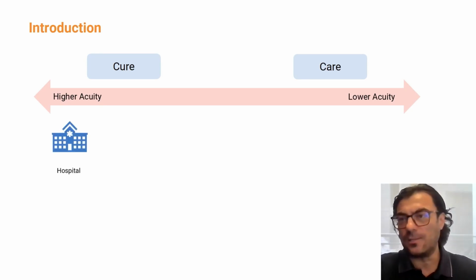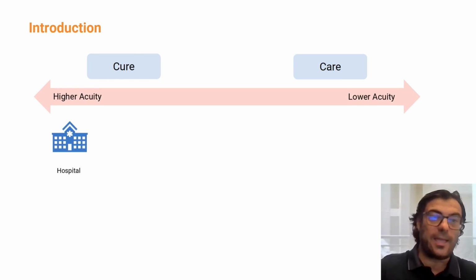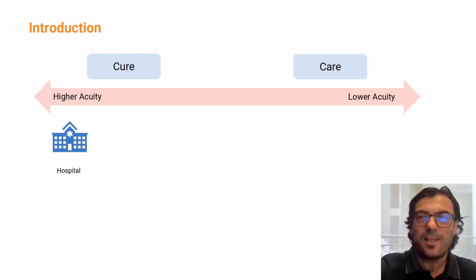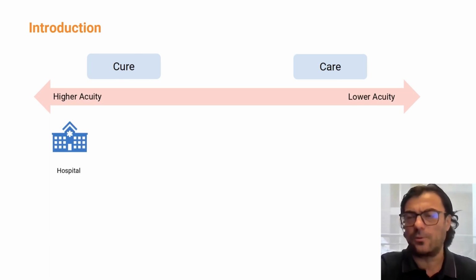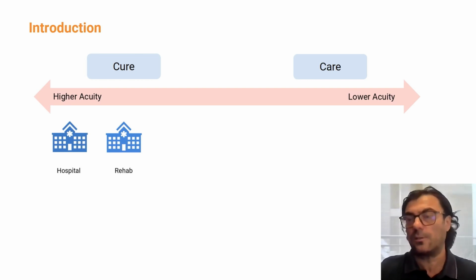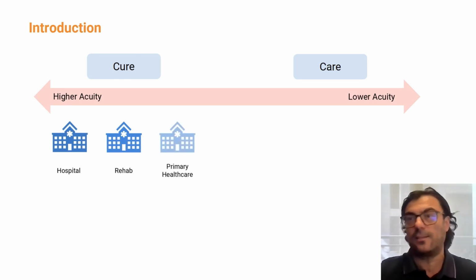In the higher acuity, we are going to have hospitals, and there are dedicated operators for the hospitals. This is where the surgeries take place. However, it is extremely expensive to spend a night in the hospital. So a second type of asset has developed, which is the rehabilitation center. And another type of asset is the primary healthcare center.